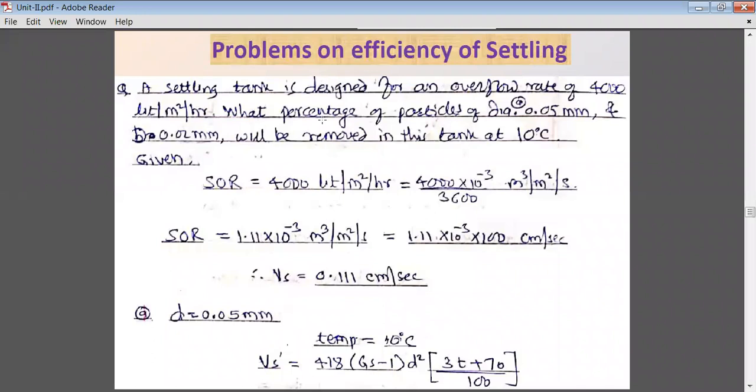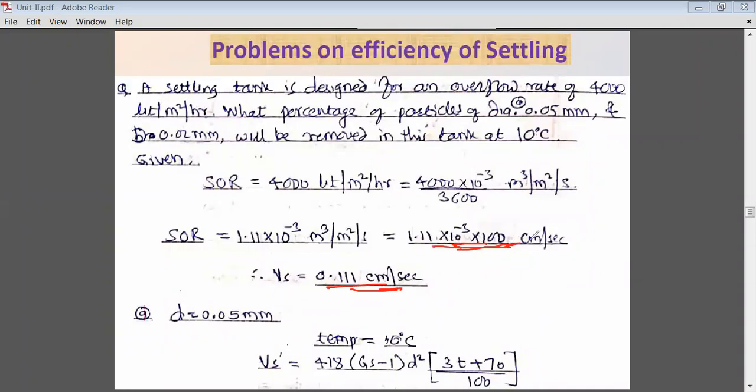So now after doing the conversion of this in meter per second, convert that in centimeter per second by multiplying this value by 100, and you will get the velocity as 0.111 centimeter per second.